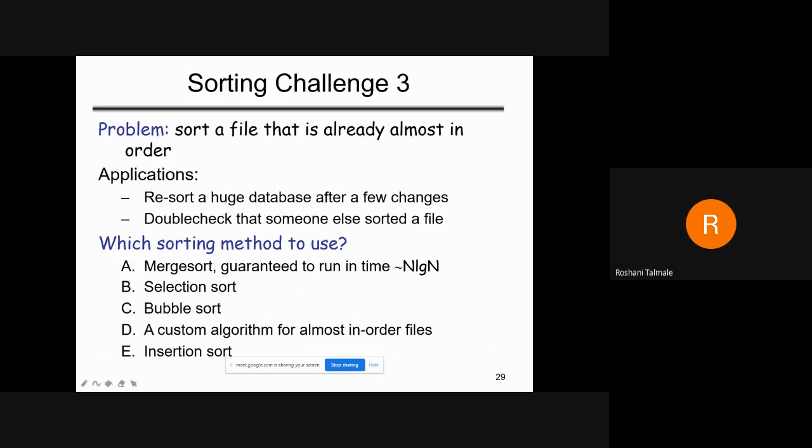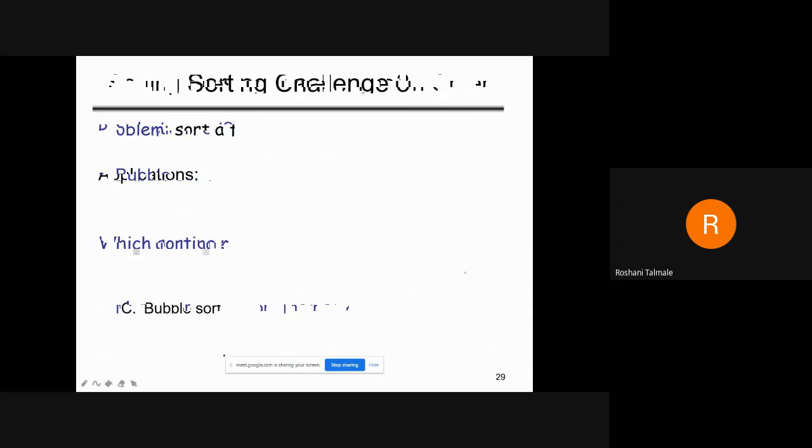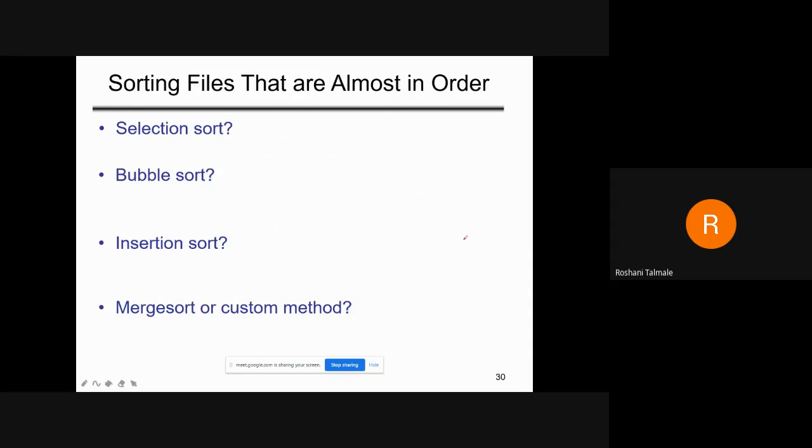Merge sort is guaranteed to run in n log n time, because the complexity is this one. Selection sort, bubble sort, any other sort, or insertion sort. See, the problem is already in order. So which type of sorting is required to double check it?